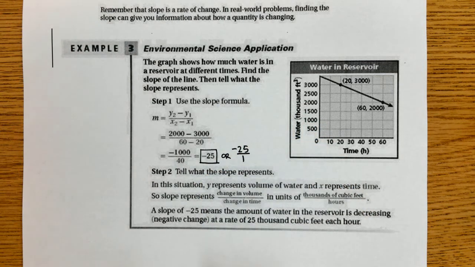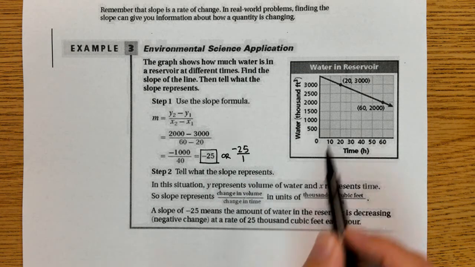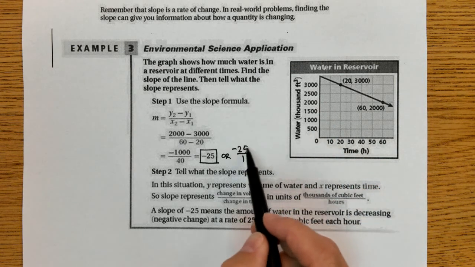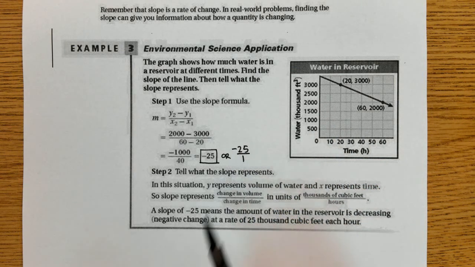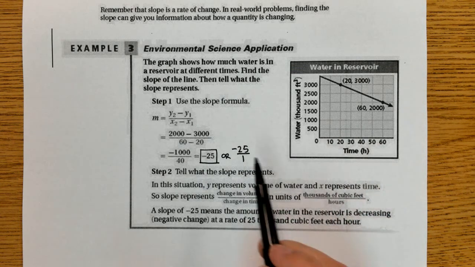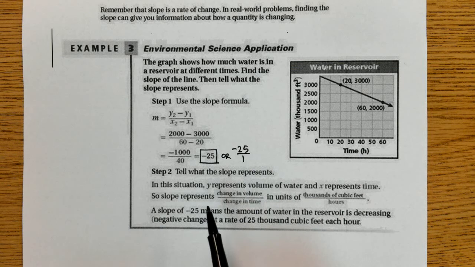Okay, so this means in this situation, y represents the volume of the water. Okay, so that's our y. Our change of y is up top, so -25. And then our x represents the time. Okay, so time is going to be in the bottom. So what this means is our change in volume over our change in time, or thousands of cubic feet over hours.